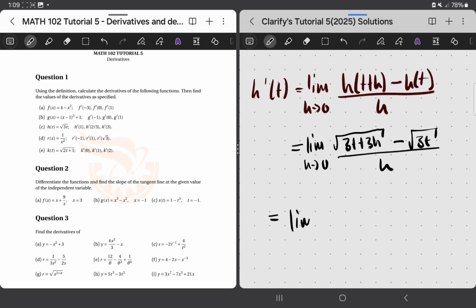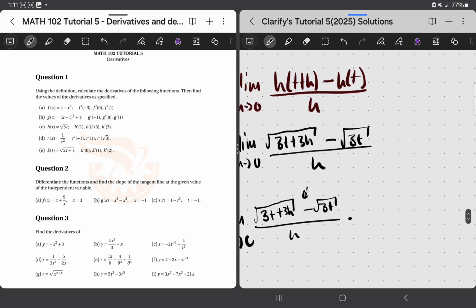So we'd be saying the limit as h goes to 0, and we can still put it outside, of the square root of 3t plus 3h minus the square root of 3t all over h. Then we multiply by this thing, but we change the sign here: the square root of 3t plus 3h plus the square root of 3t, all over the square root of 3t plus 3h plus the square root of 3t.